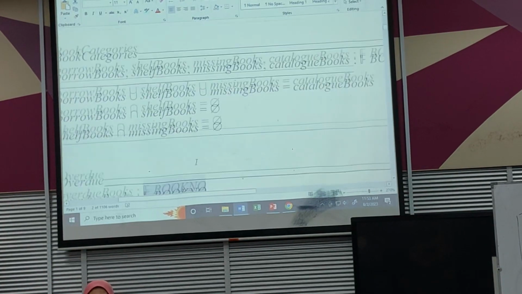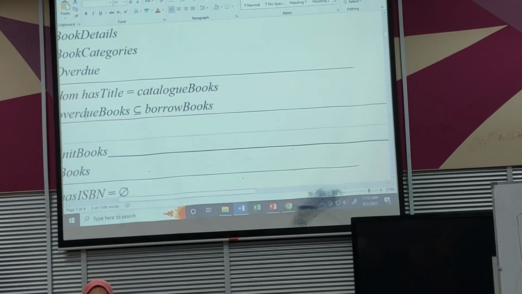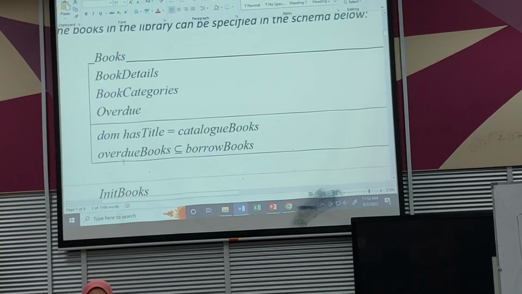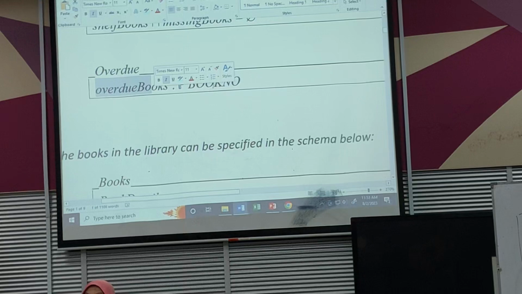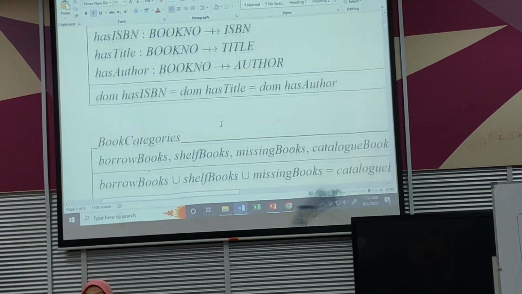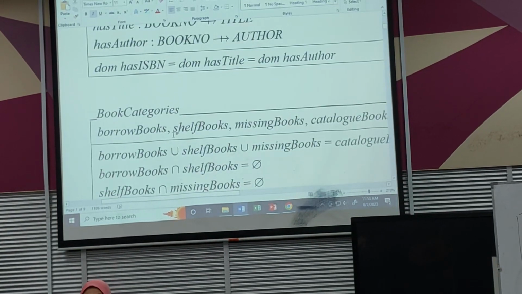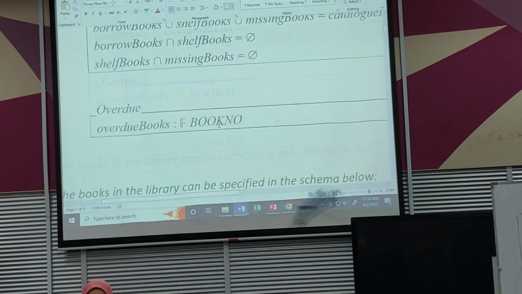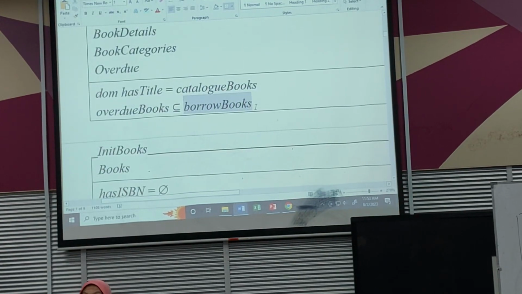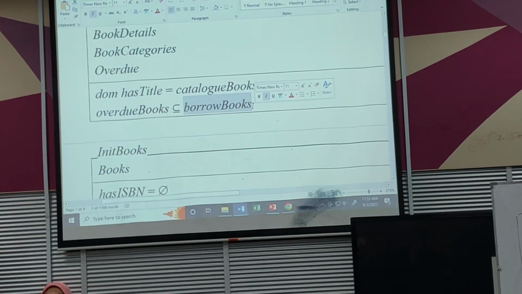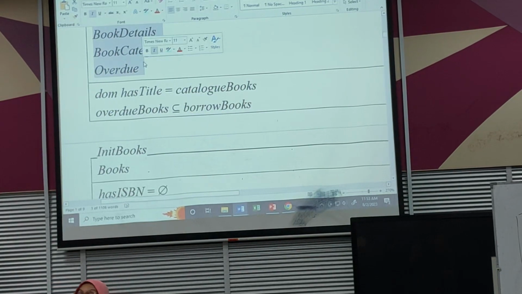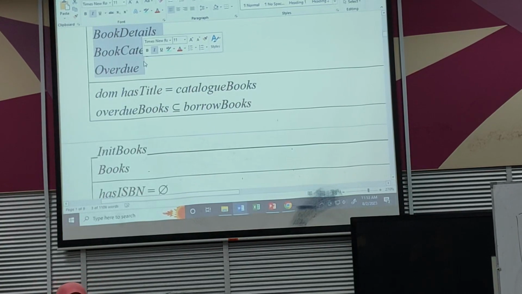So why not, maybe you just take one, maybe overdue books here, of type book number. You link with, for example, book category. Okay, borrow books, for example. So now, when you do this, you are actually combining these three together into one state space by using this simple variable here.